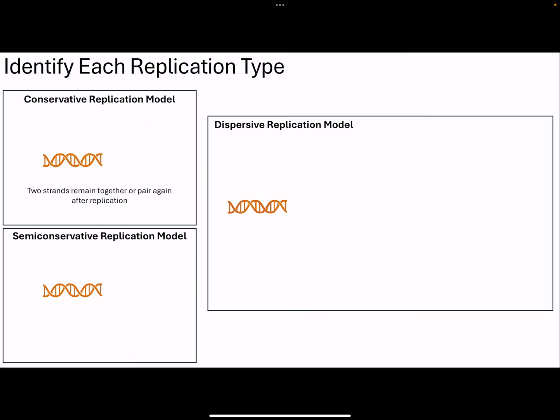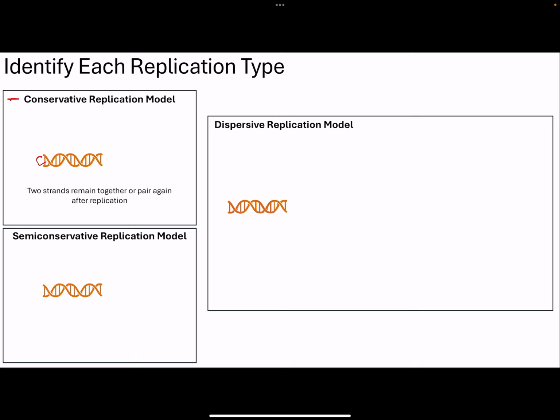Okay, so we have our conservative replication model up here. We're starting off with a parental version of the DNA double helix, shown in orange in each of these examples. With conservative replication, the expectation is that the two strands of the double helix either remain together, or both come apart and pair again in the same way after replication is complete.